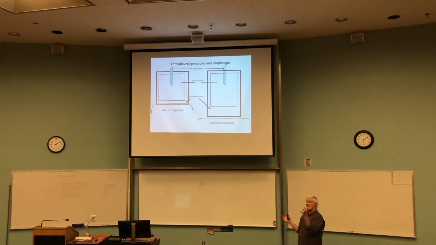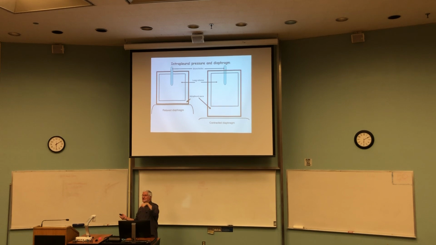It got bigger. According to Boyle's law, what happens to the pressure in that intrapleural space? Mary, do you know? The volume is bigger, what happens to pressure? Down. Right, pressure goes down, because of the inverse relationship. So the pressure dropped.